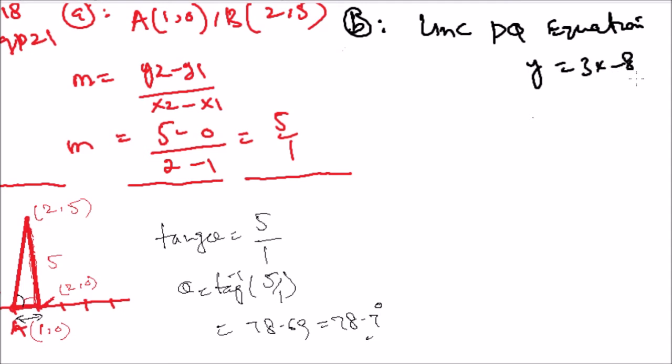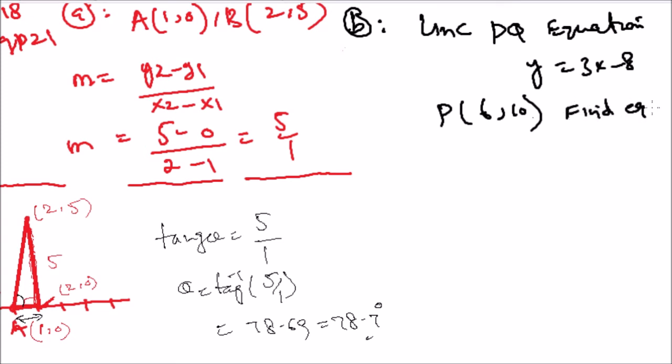And point P has coordinates 6 and 10. Find the equation of the line that passes through point P and is perpendicular to PQ. Okay, they say find the equation of the line.